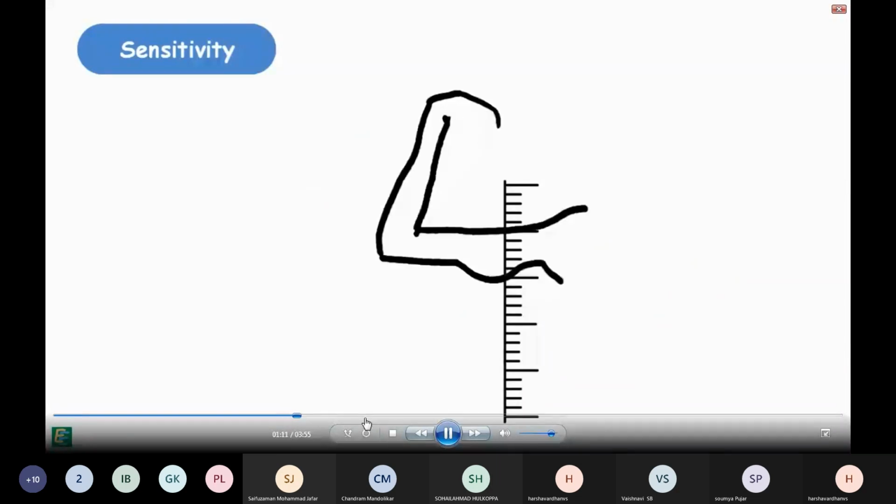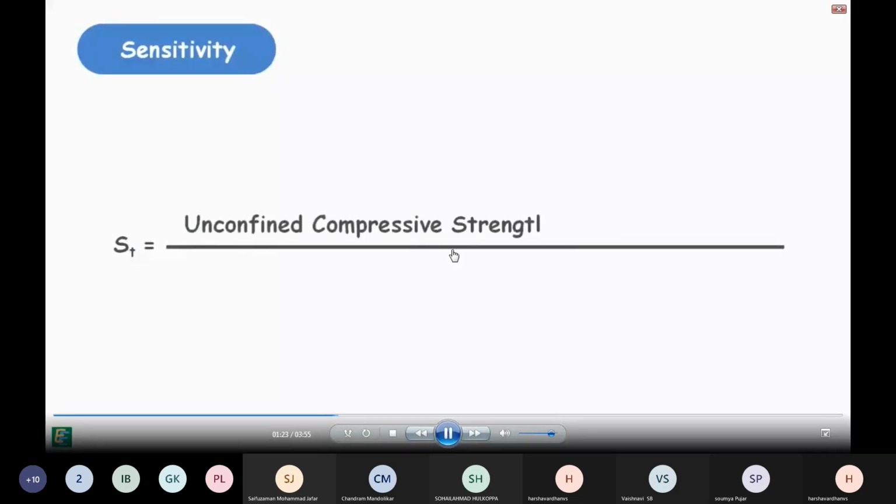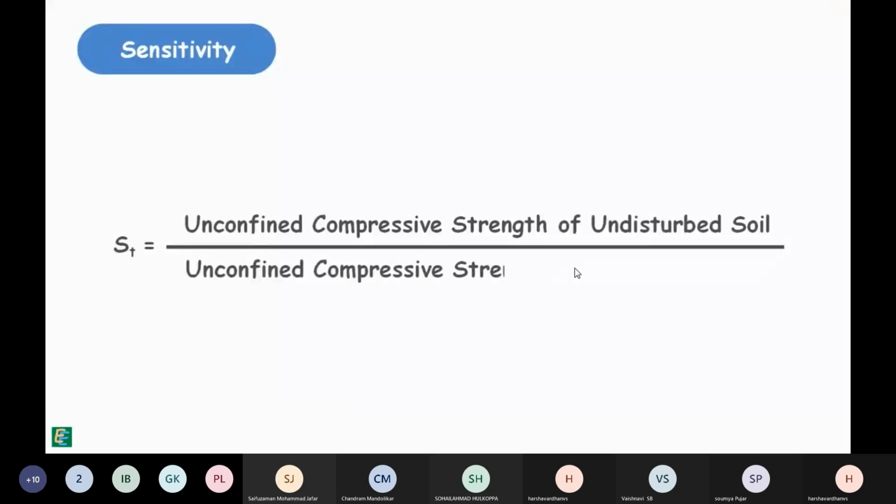Sensitivity: when you apply load on the soil, the soil gets remolded and hence the soil loses some of its strength. Sensitivity is defined as unconfined compressive strength of undisturbed soil, that is before remolding, divided by unconfined compressive strength of remolded soil.